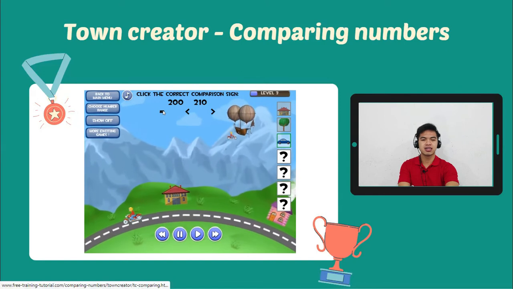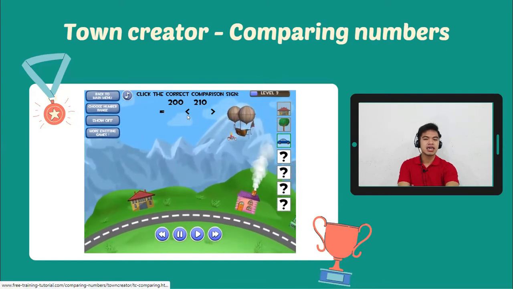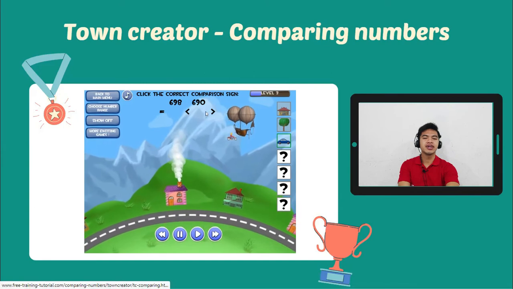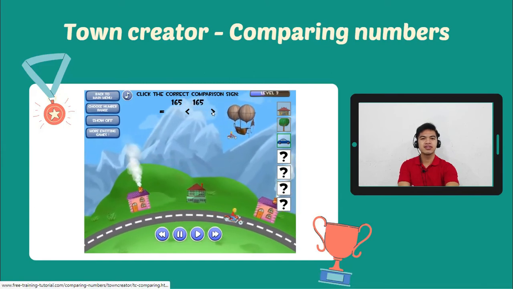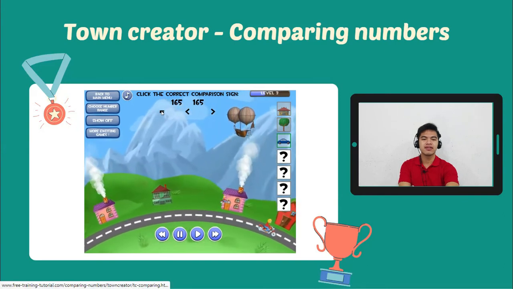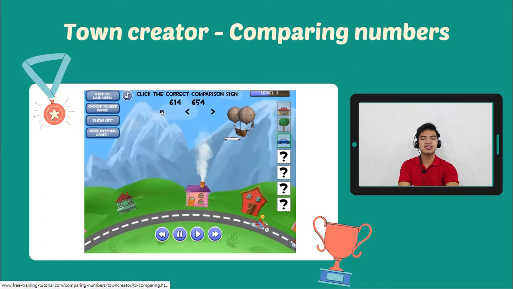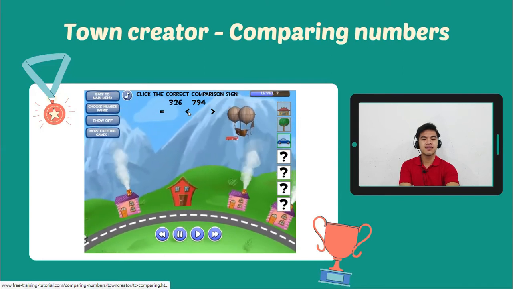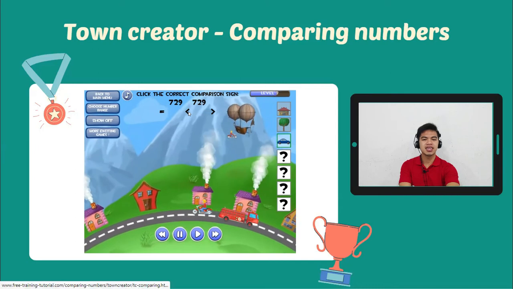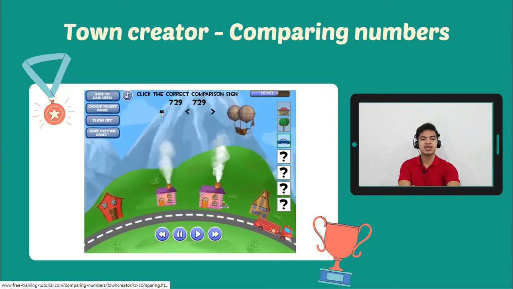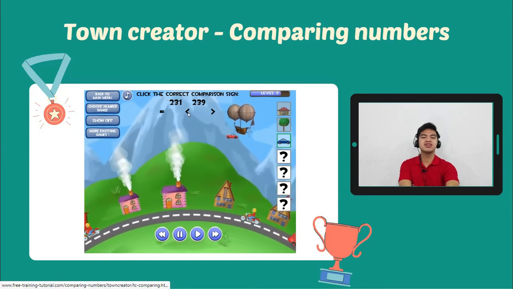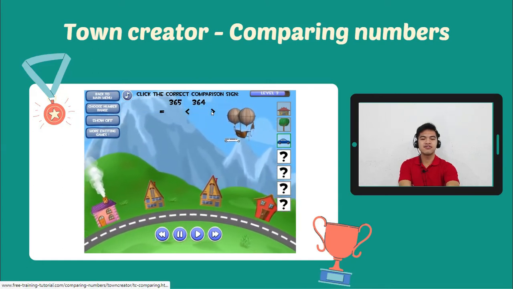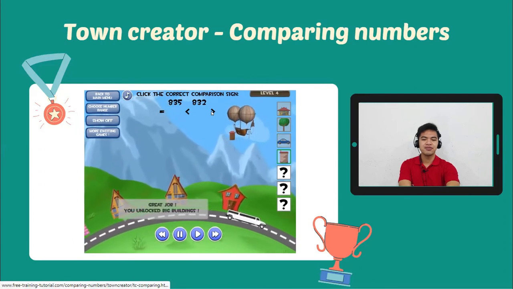We have the motorcycle. 200 is less than 210. 698 is greater than 690. 165 is equal to 165. 614 is less than 654. 326 is less than 794. 729 is equal to 729. 231 is less than 239. 365 is greater than 364. Yay, we got the big building.